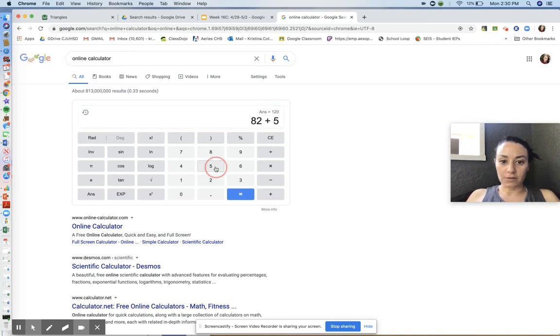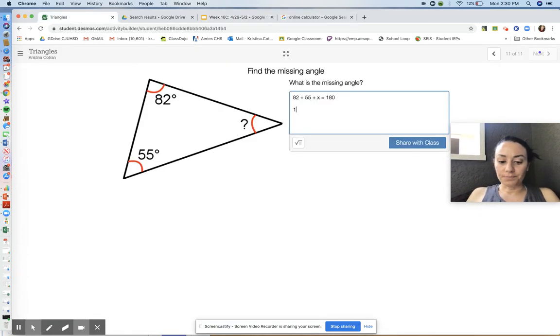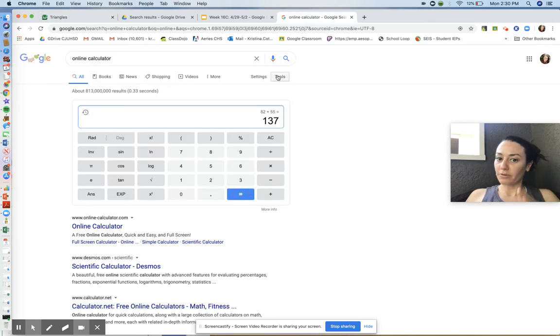It's going to be 137. So 137 plus x, we still don't know what it is, equals 180. If I just take 180 and subtract 137 from it, I'm subtracting 137 from both sides.